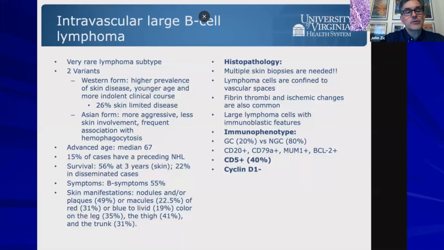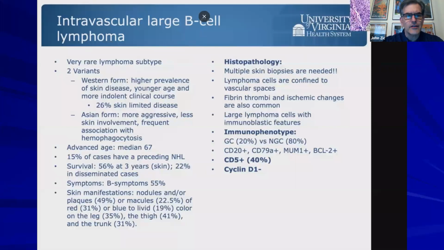These patients usually present with a variety of presentations. They can have a nodule that's under the skin. They can have plaques. They can have kind of a reticular or lacy pattern of erythema. I've seen probably 2 patients with this in my career, and both patients had tender areas.